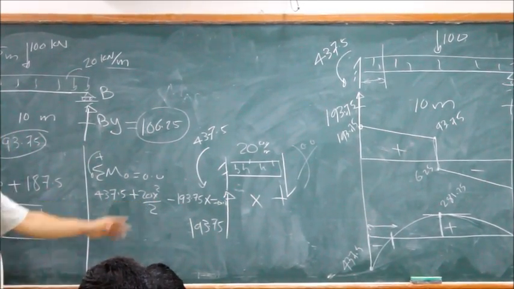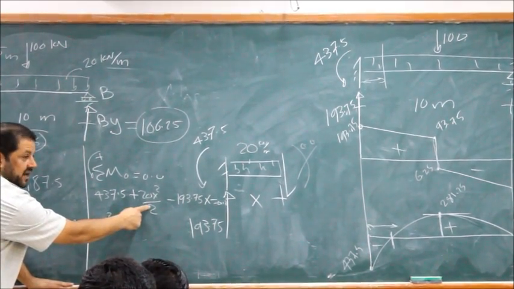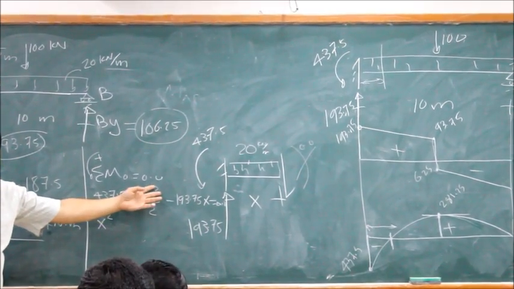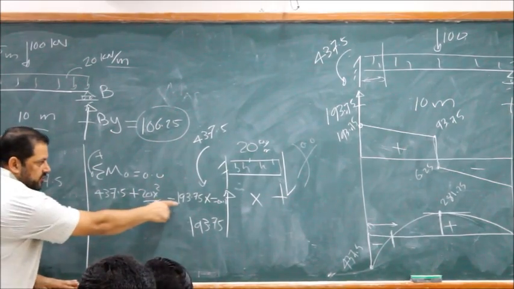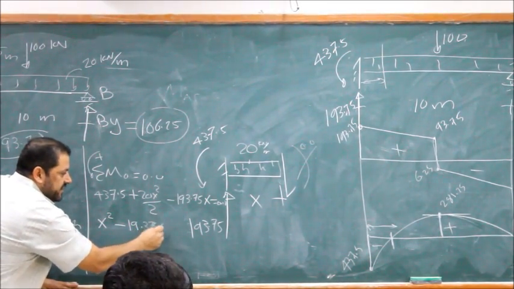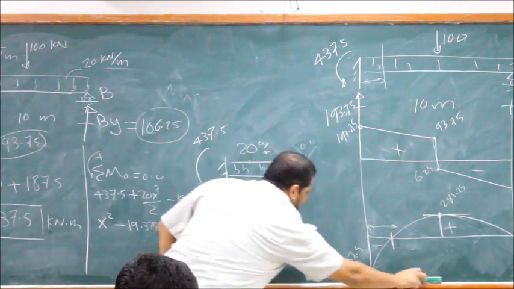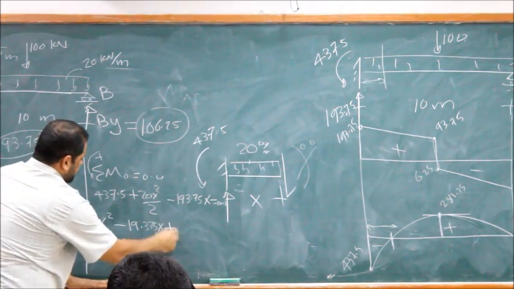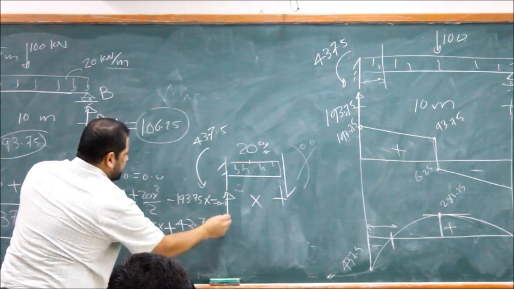If you simplify this one, look, I divide by 10, and 20 over 2 is 10. So x squared, I divide everything by 10, to bring this one, become 19.375x, right? x comes out 2.6. Plus 23.75.